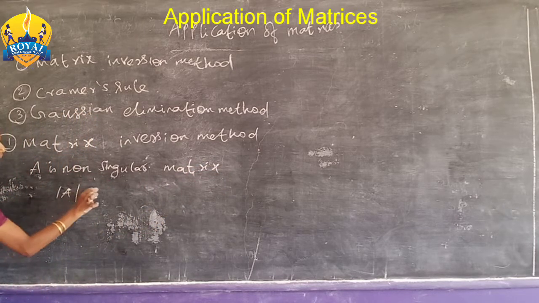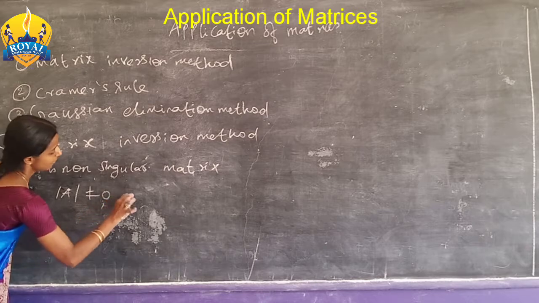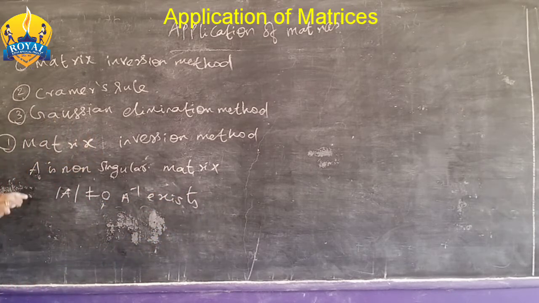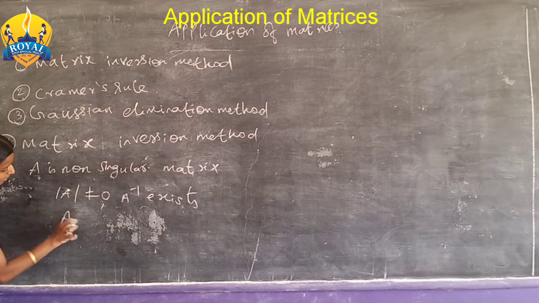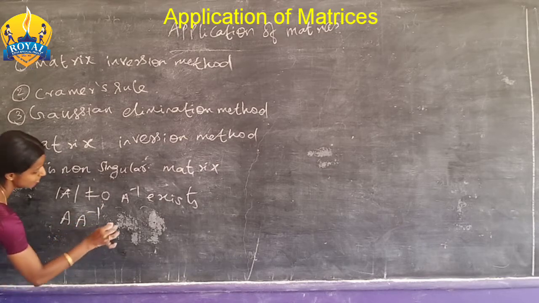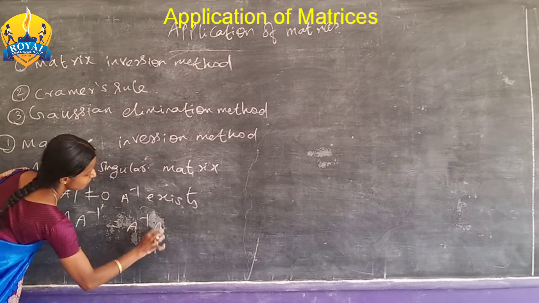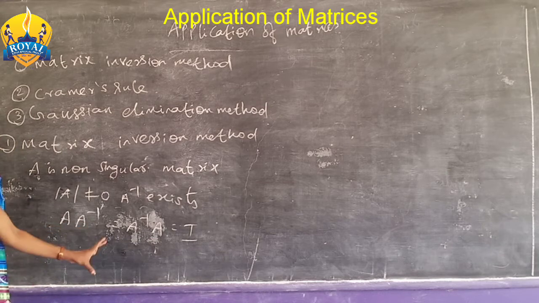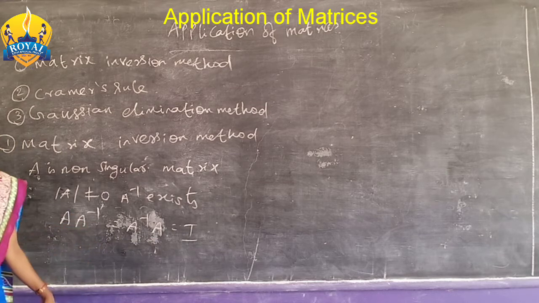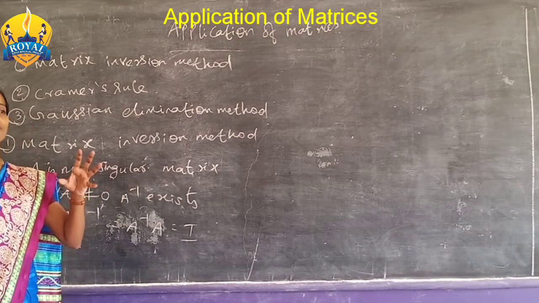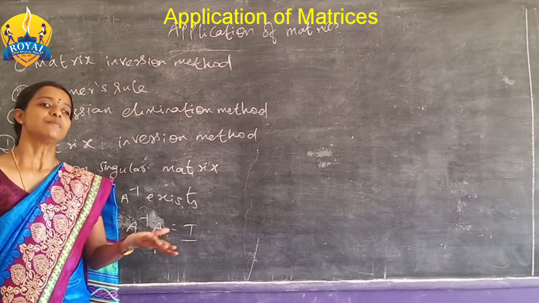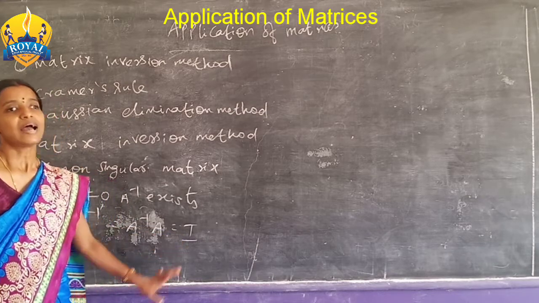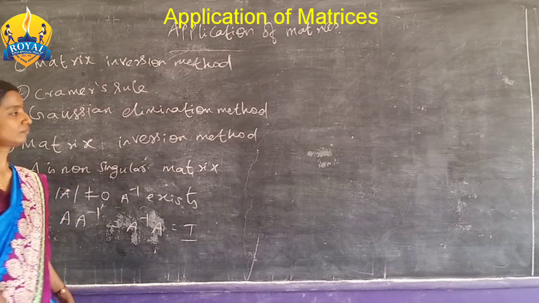If A inverse exists, automatically I have A inverse A equal to A A inverse equal to I. This we have already learned. Whatever the matrix A may be, if we find its inverse and multiply it with matrix A, we definitely get the identity matrix I.